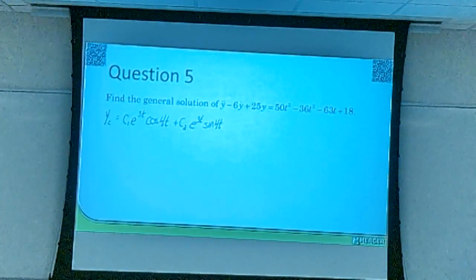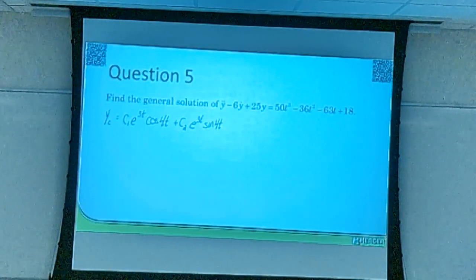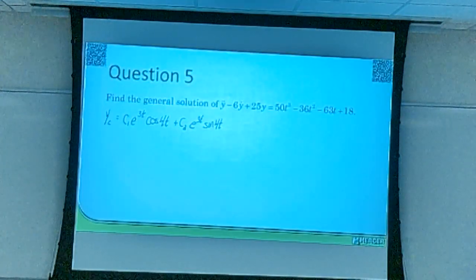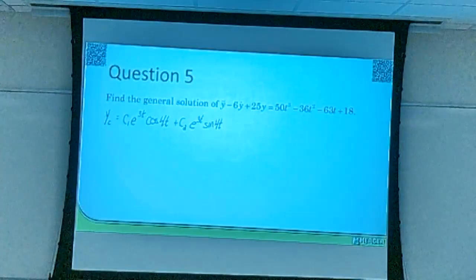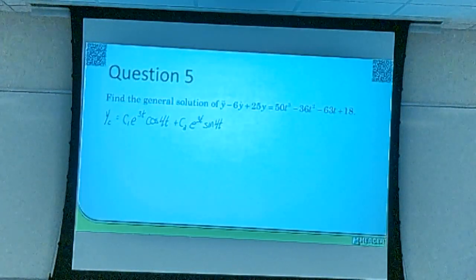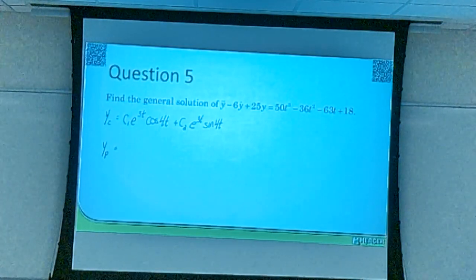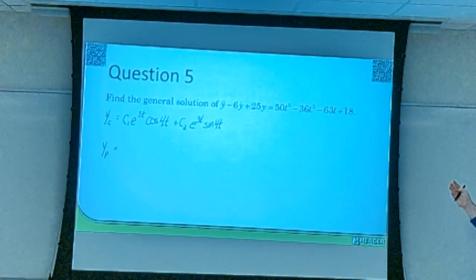That should have been the example we last did. It's just a different function that it equals now. Now for the particular solution. So what's the form? Third-degree polynomial.